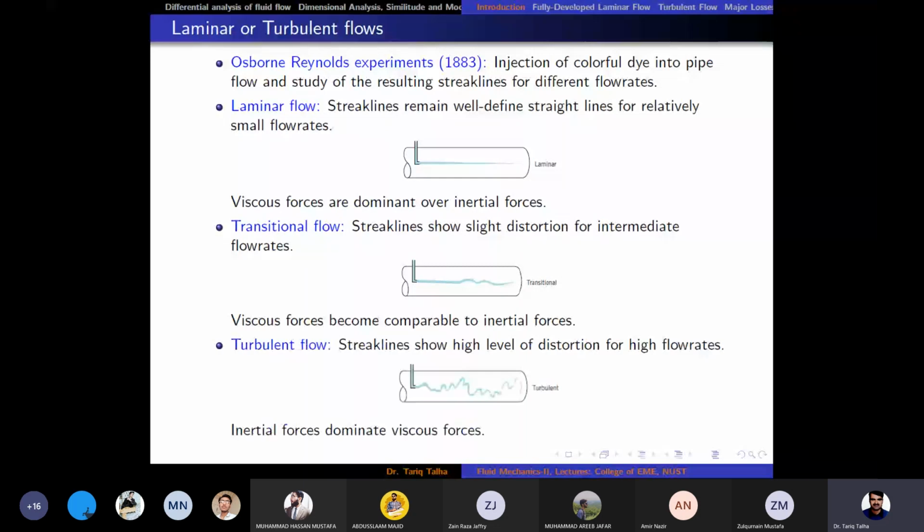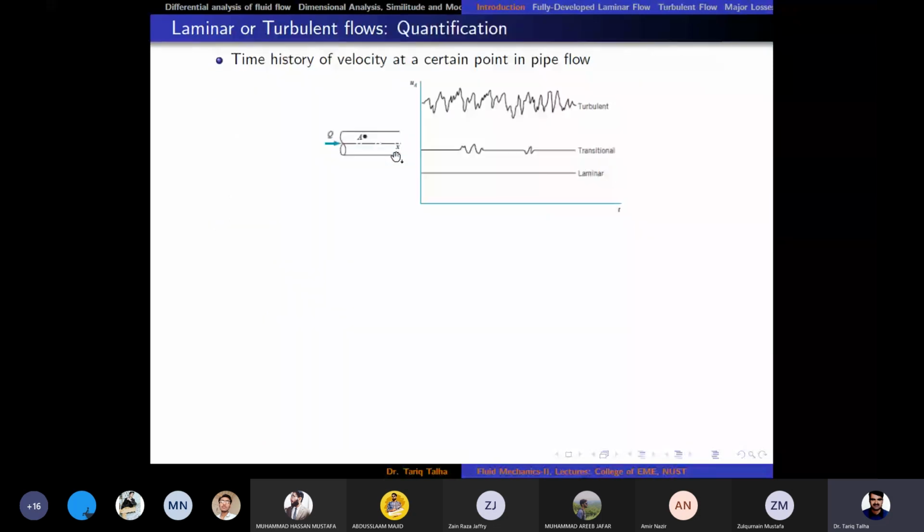Now if we put a velocity measuring probe in this flow, we can see the time history of the velocity at that location. Here we have shown the time history of a point velocity in laminar, transitional, and turbulent flow.